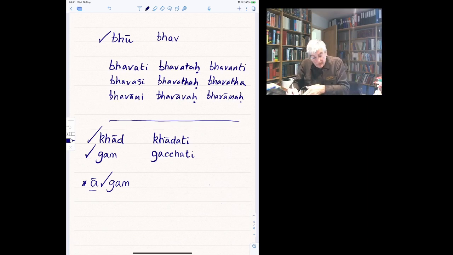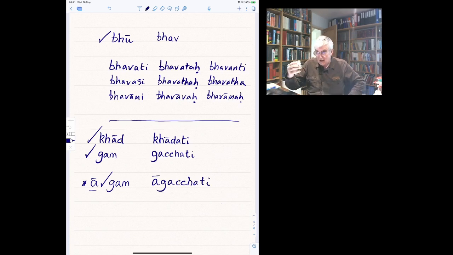In fact, gam is cognate with our English word come. So just as gacchati is go, so agacchati means to come. He comes. Agacchati. So I'm coming, agacchami. Ji, to conquer.